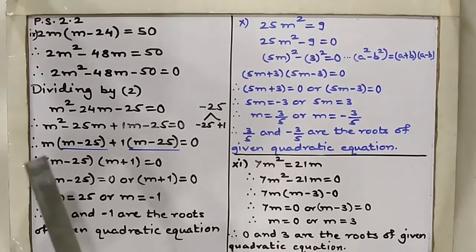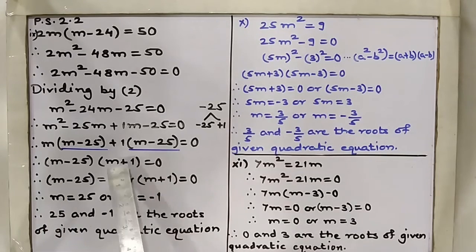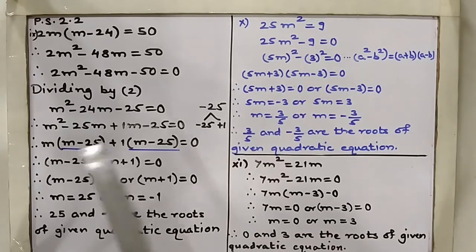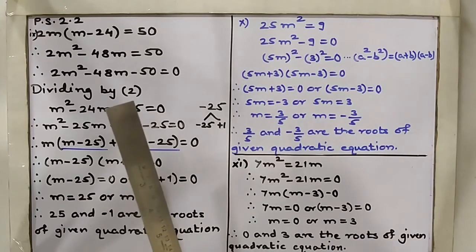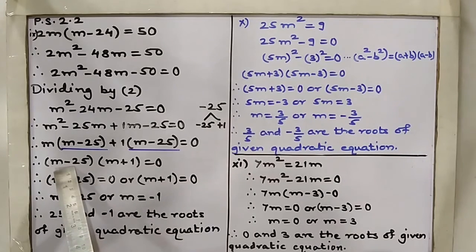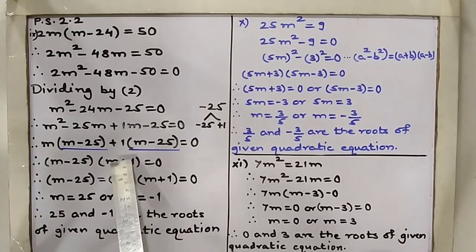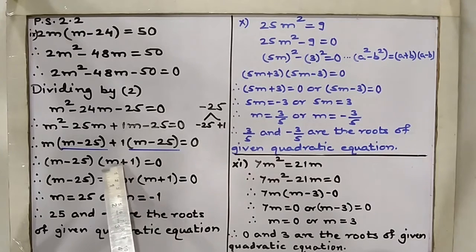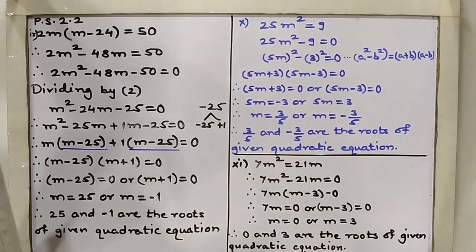So therefore m minus 25 into m plus 1 is equal to 0. Now when will the value be 0? It will be 0 when either the value of this bracket is 0 or the value of this bracket is 0, which means that either m minus 25 is equal to 0 or m plus 1 is equal to 0.